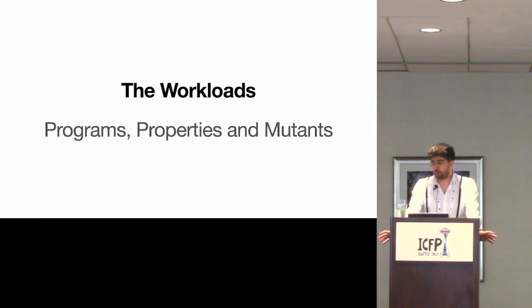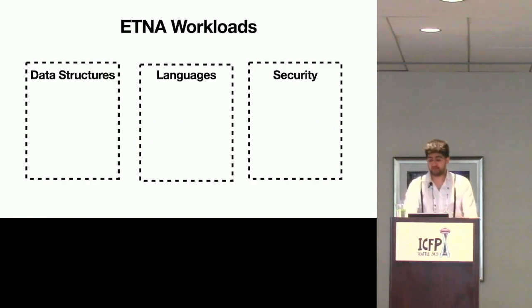A workload in Etna is a program with some set of properties, like the binary search tree with the insert valid property we had, and some set of mutants, like the one I have shown before, insert GT. Today, within Etna, we have three categories of workloads that come from areas where functional programming is heavily used, and property-based testing tools have been evaluated in the past.